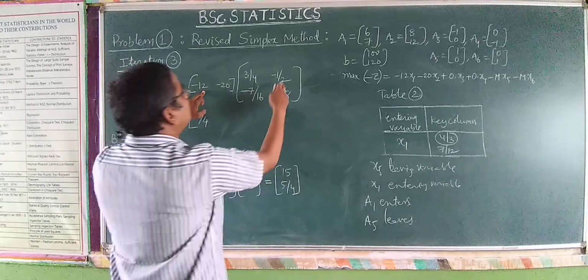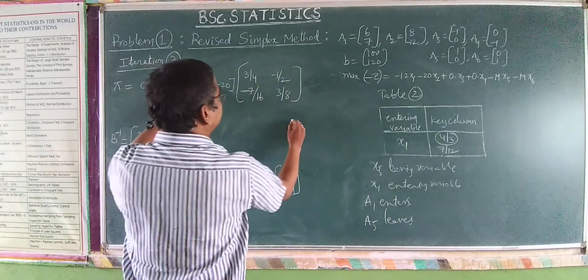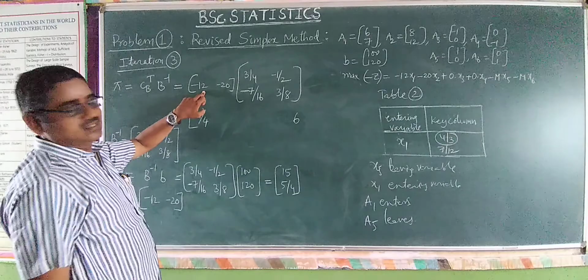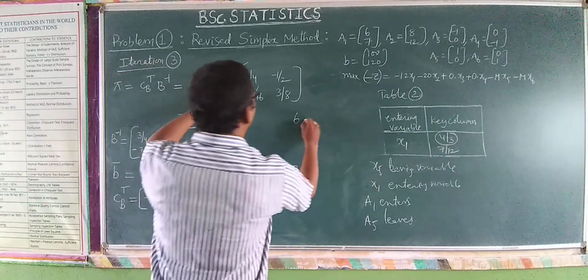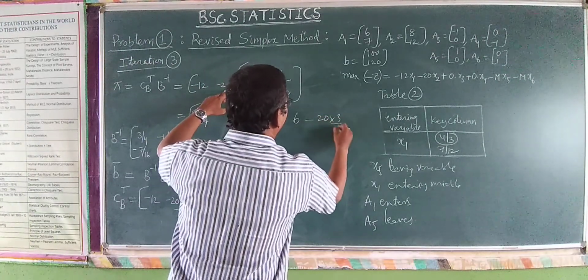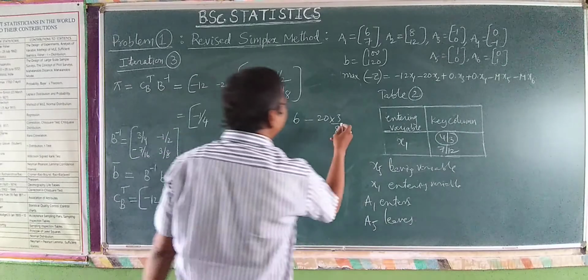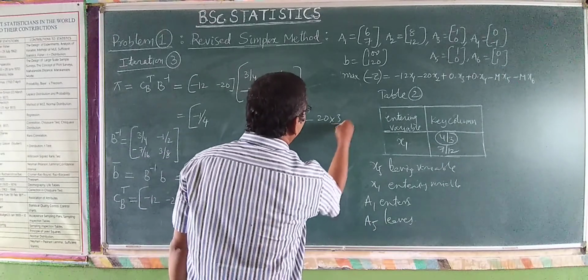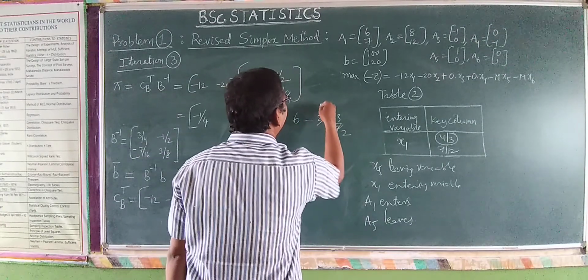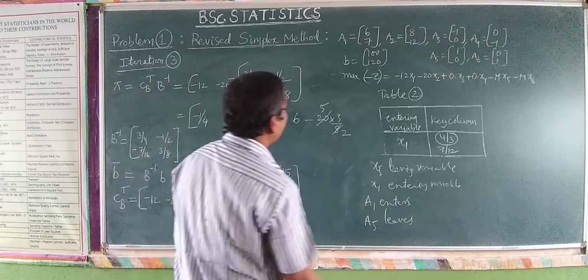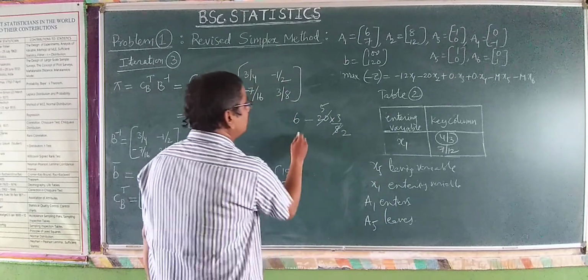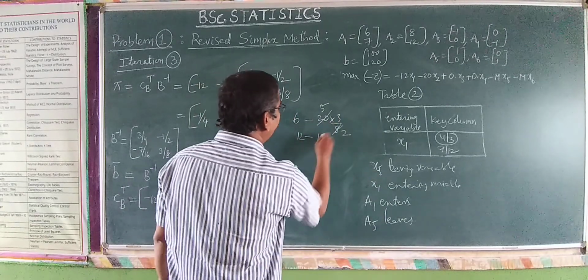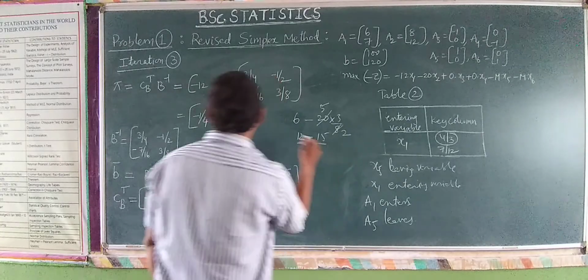So minus 12 into minus 1 by 2, that is 6, plus minus 20 into 3 by 8. So hence we can cancel out 4 2s and 4 5s. And 6 2s are 12 minus 5 3s are 15, divided by 2. It is minus 3 by 2.